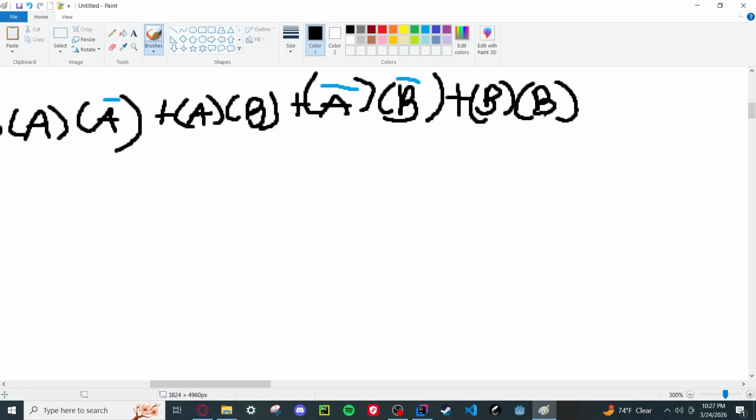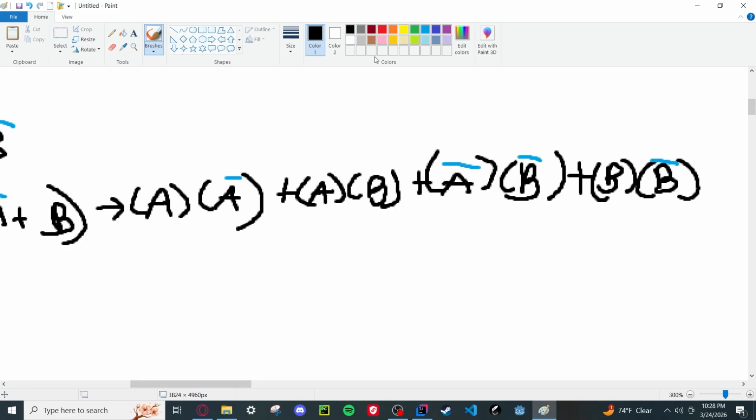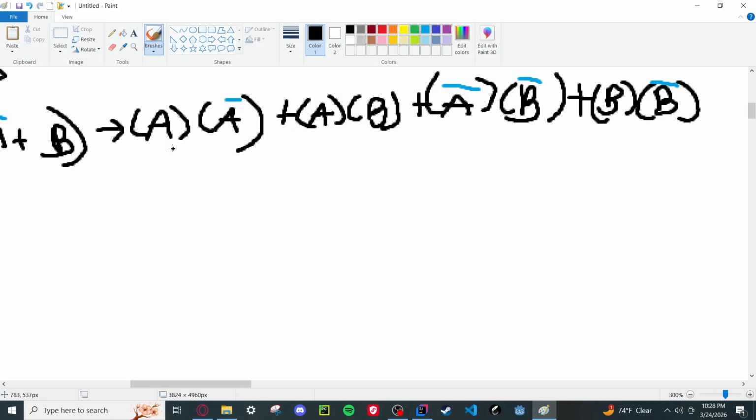So just like this. If we were to evaluate this, due to complement's law, this will cancel out. This would also cancel out due to complement's law, like this. And you will be left with A B plus A naught B naught. And that'll be your XNOR.